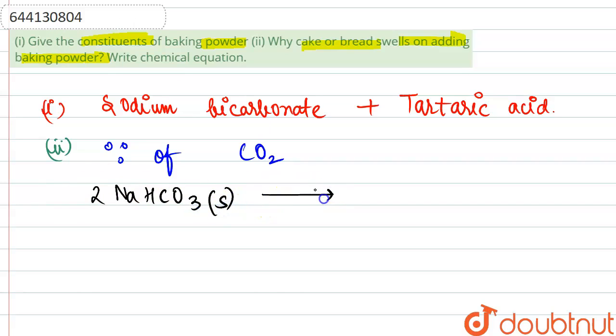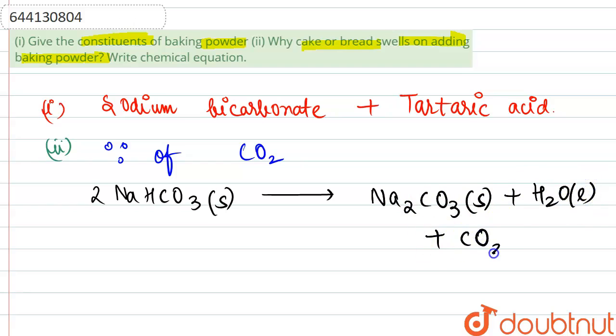So when we are adding this, this is baking powder, in the presence of tartaric acid, some H plus ion presence is also there. Okay, so that makes it the baking powder. So let's talk about basically the salt we are having. On heating, it leads to the formation of sodium carbonate, water, as well as there is release of carbon dioxide, which causes fluffiness in the food item. This is the reaction. Okay, thank you.